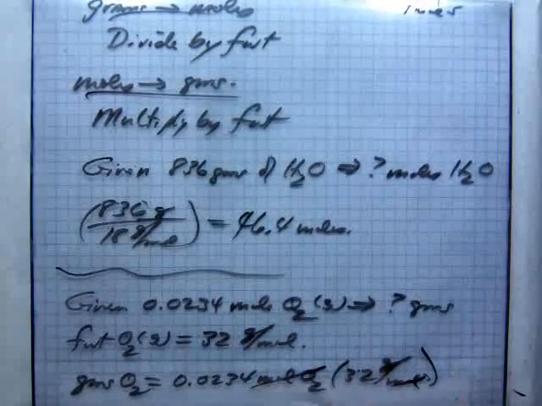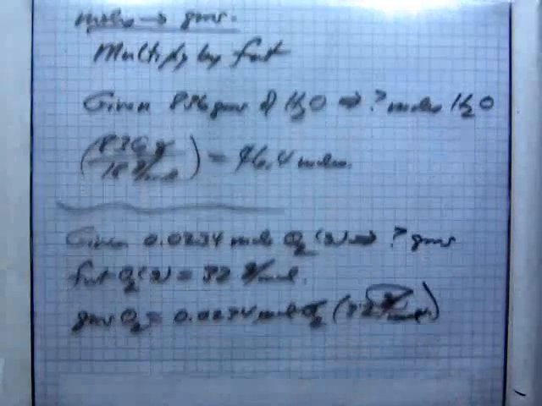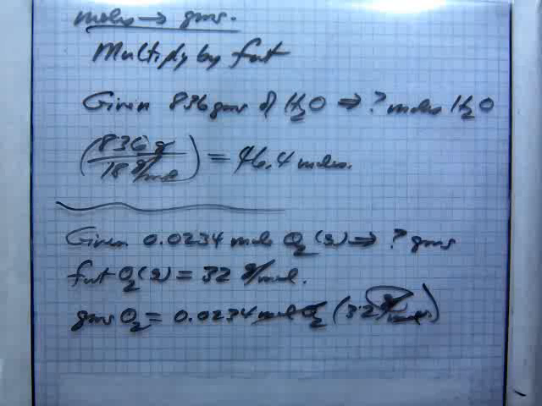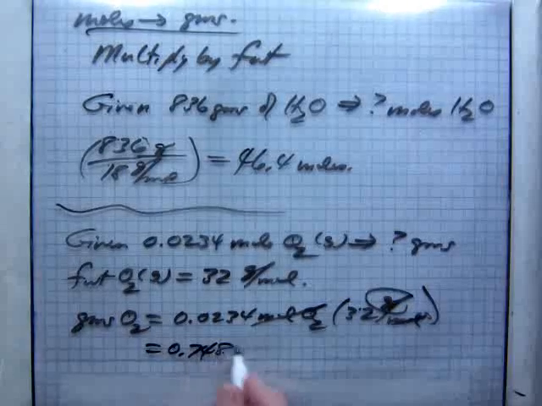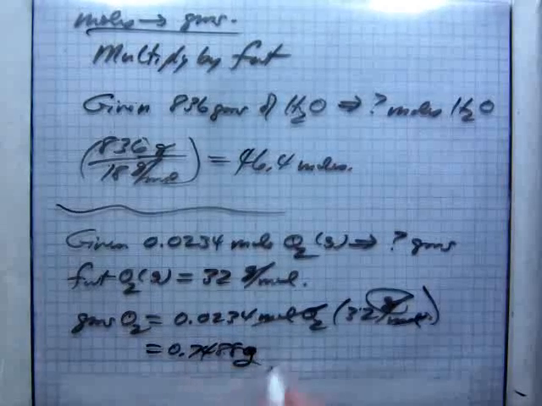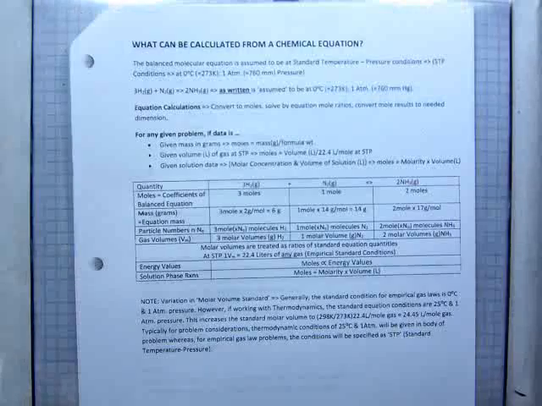Moles drop out, and you have grams of O2 remaining, which is 0.7488 grams O2 gas. Okay.